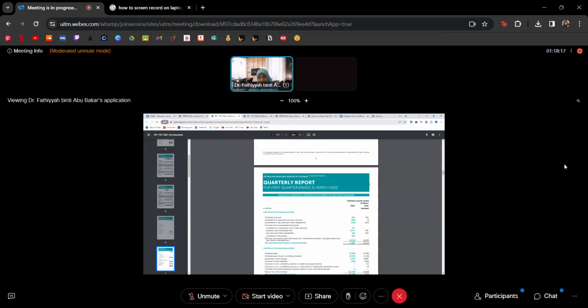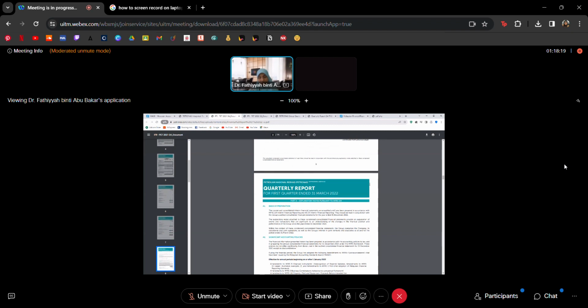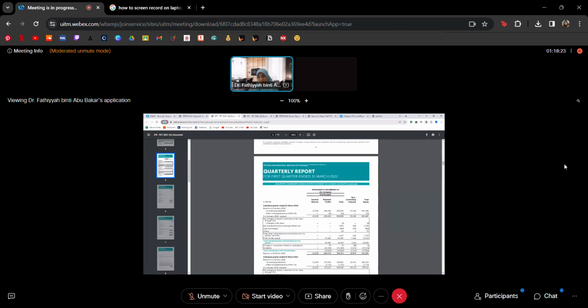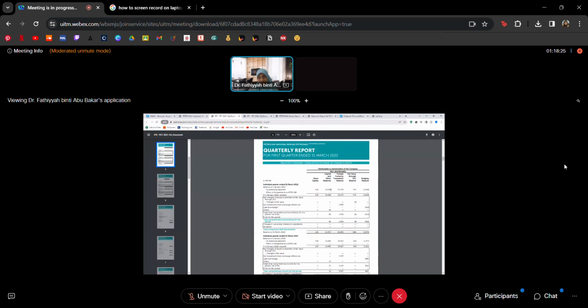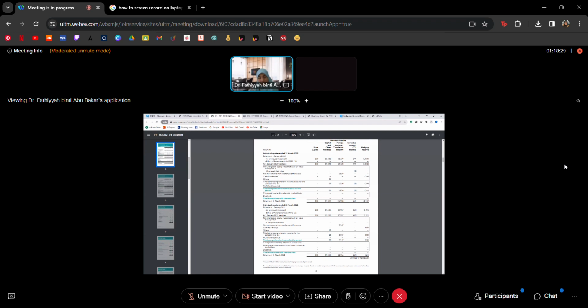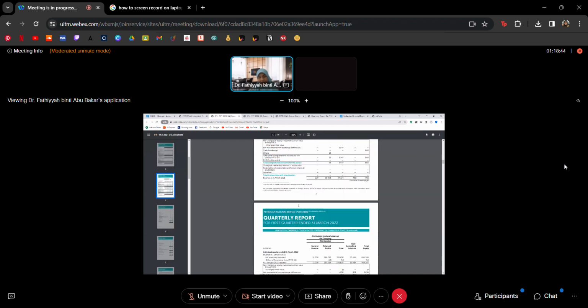And then this one also cash flow. This one is then statement of changes in equity. So here you can see, start from this one is 2022 and they compare with 31st March 2021. So it is how the companies or the accountant prepare the interim report.